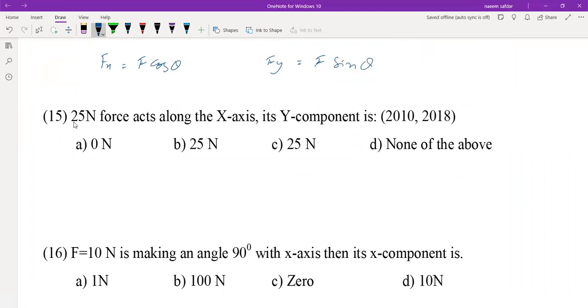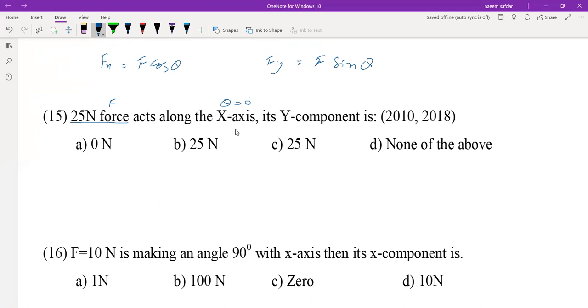Here we have 25 Newton of force. F is 25 Newton. X along x-axis means theta will be 0 degree. Its y component is, so we have to find the y component.